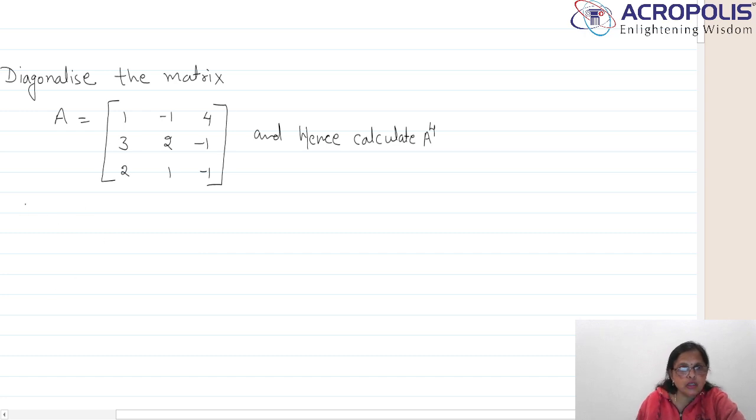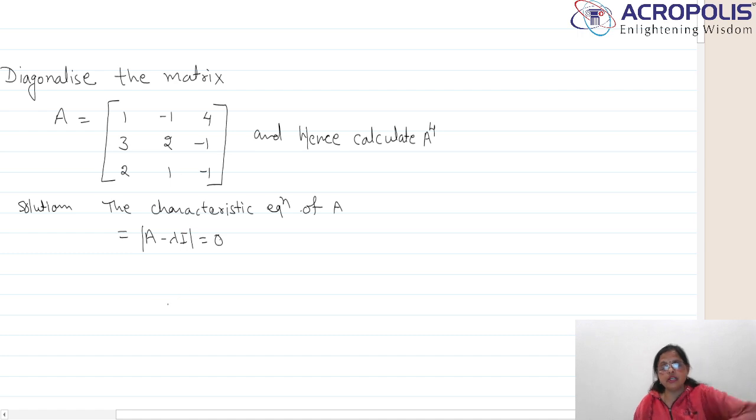So, solution. The characteristic equation, as you know, is determinant of A minus lambda I equals 0.